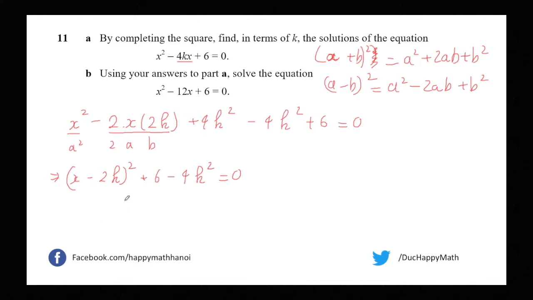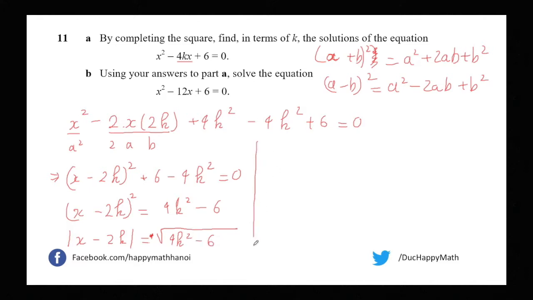So the solution of this one will be h minus 2k squared equals 4k squared minus 6, and the absolute value of h minus 2k, and I'm sure you know how to solve this, will be equal to plus or minus the square root of 4k squared minus 6.